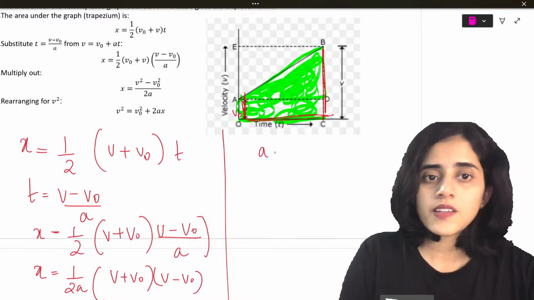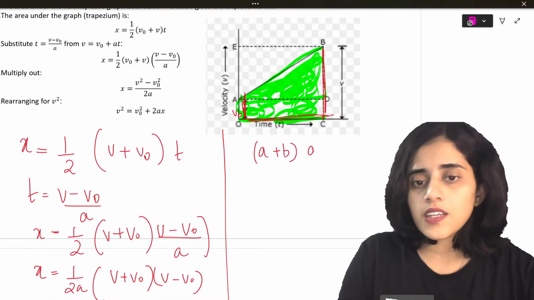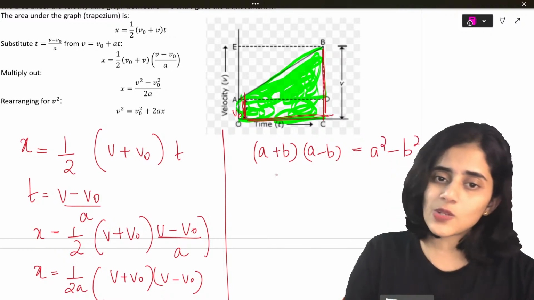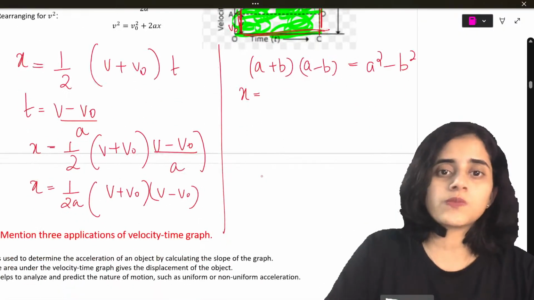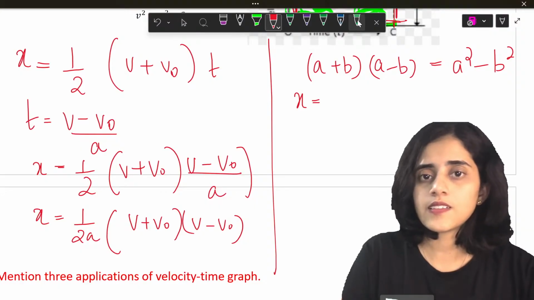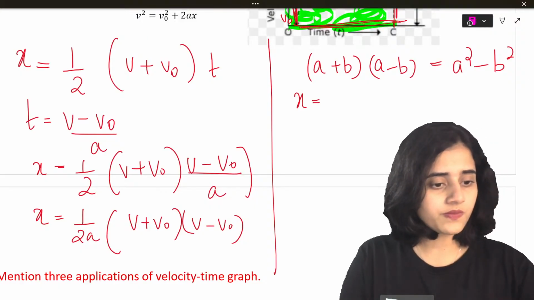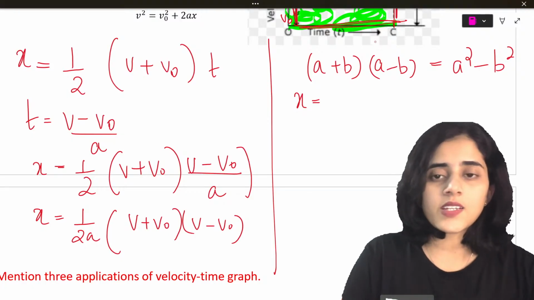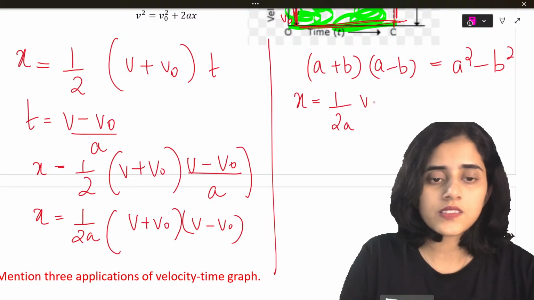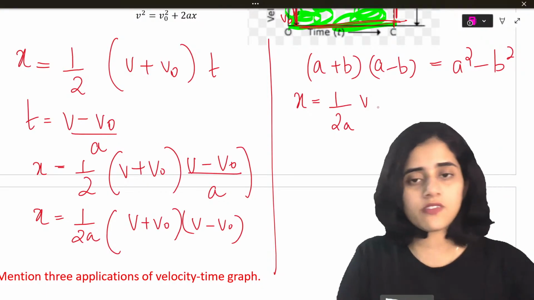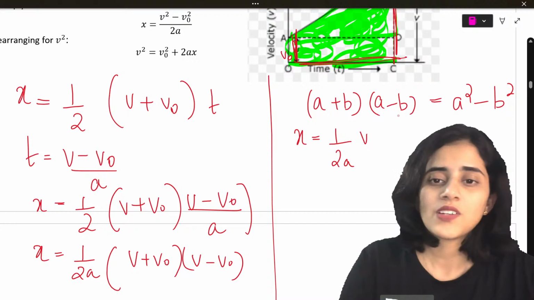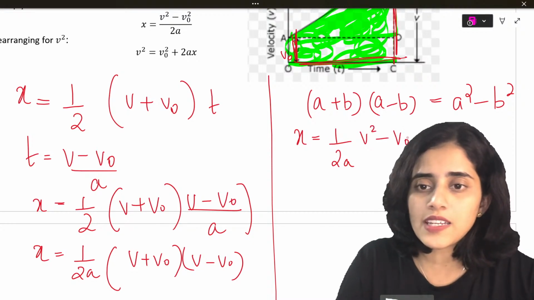So x is equal to 1 by 2a times v square minus v naught square.